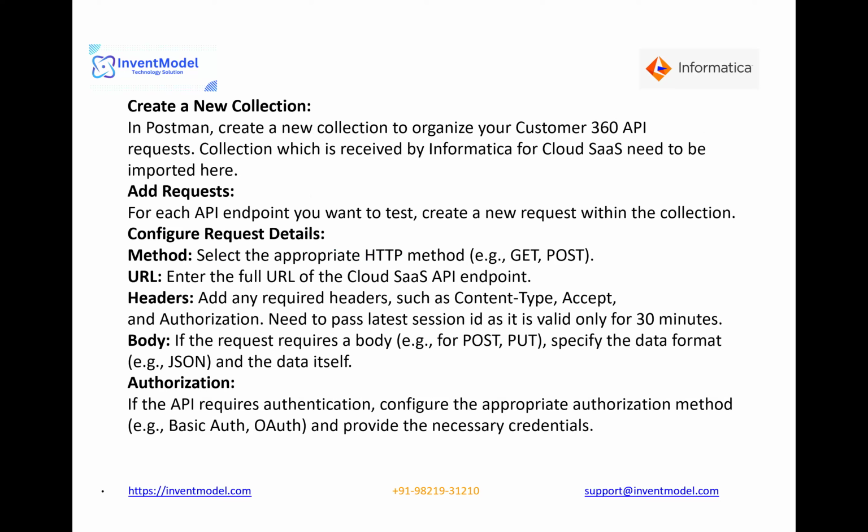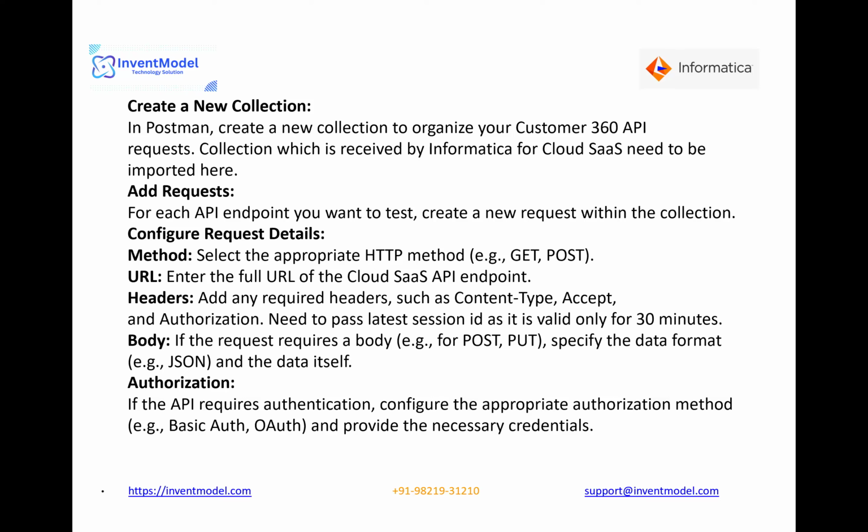Okay, so create a new collection. In Postman, once we are logged in, we can create a new collection. We need to get this collection from Informatica for our Business 360 Cloud SaaS so that we can import it.